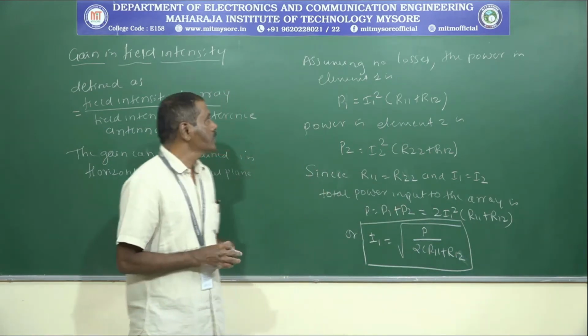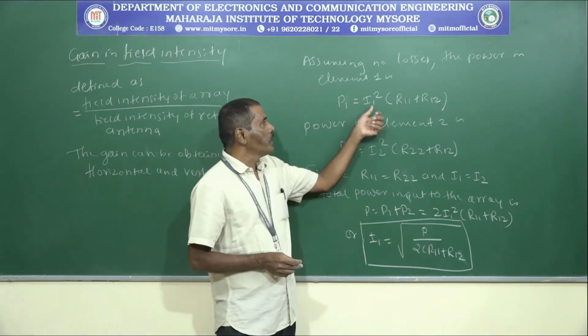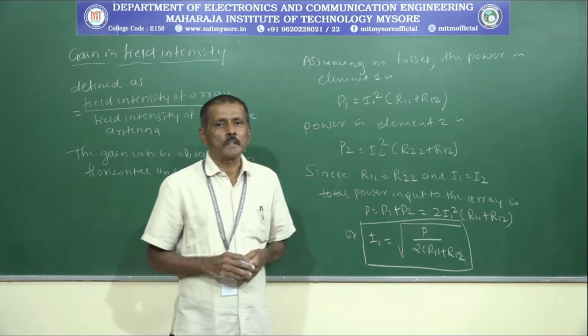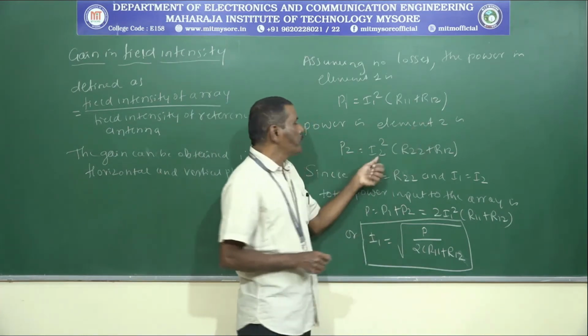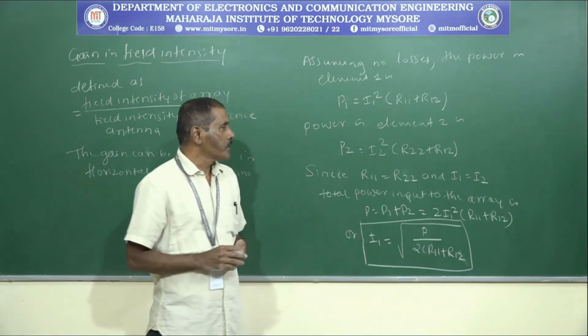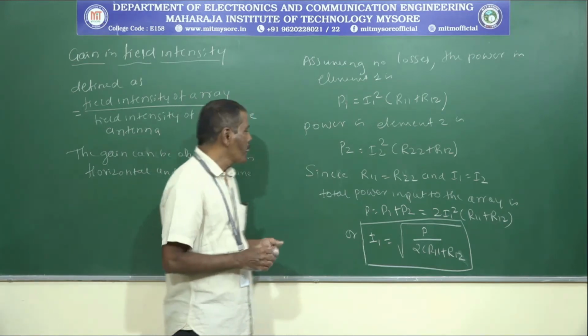Assuming no losses, the power in element 1 is P1 equal to I1 squared into (R11 plus R12), and the power in element 2 is P2 equal to I2 squared into (R22 plus R12).